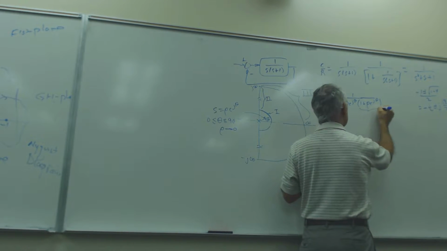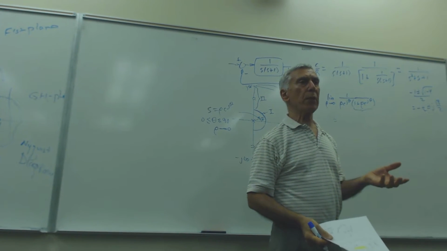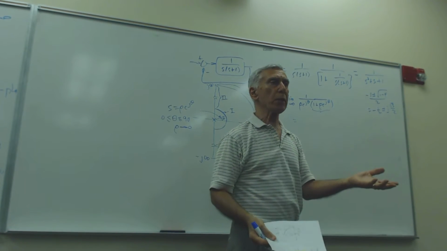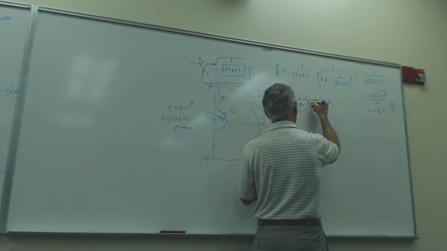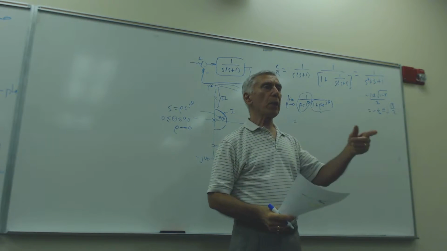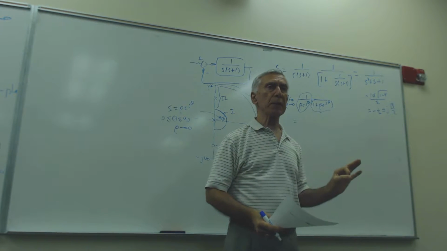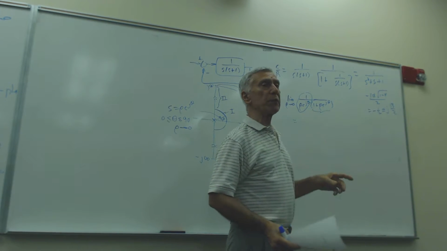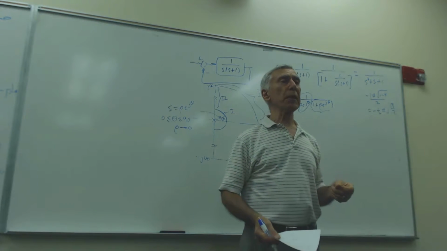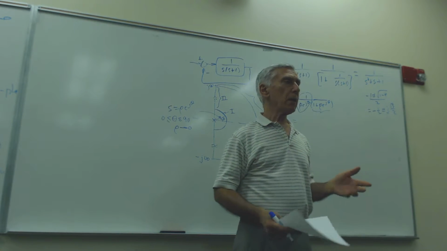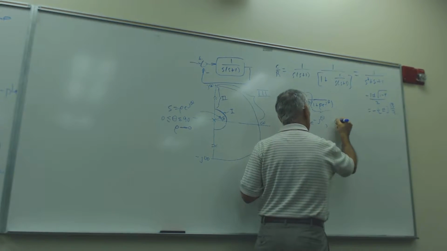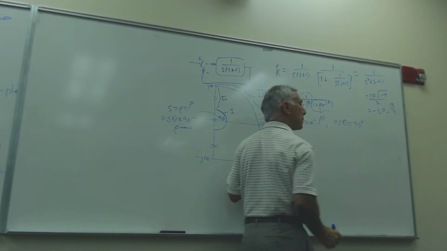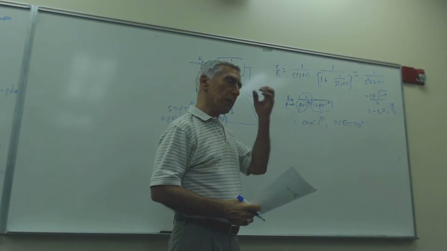If you consider this factor there, when rho goes to 0, 1 plus rho e to the j theta just becomes 1. What we're left with is 1 over rho, which when rho goes to 0 becomes infinite, and e to the j theta in the denominator becomes e to the minus j theta in the numerator. So this becomes infinity e to the minus j theta, where theta increases from 0 to 90 degrees.